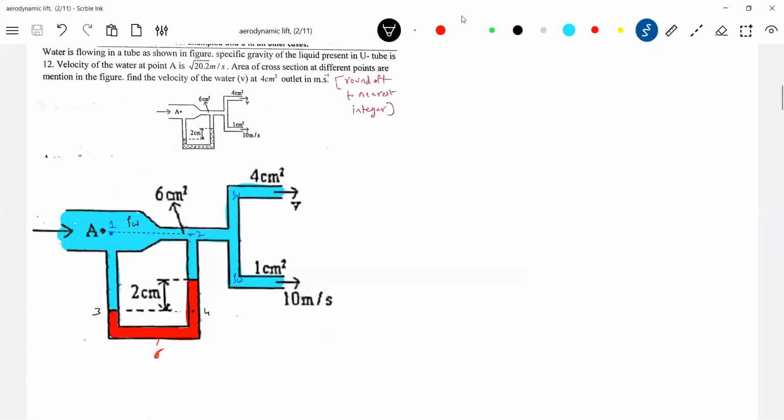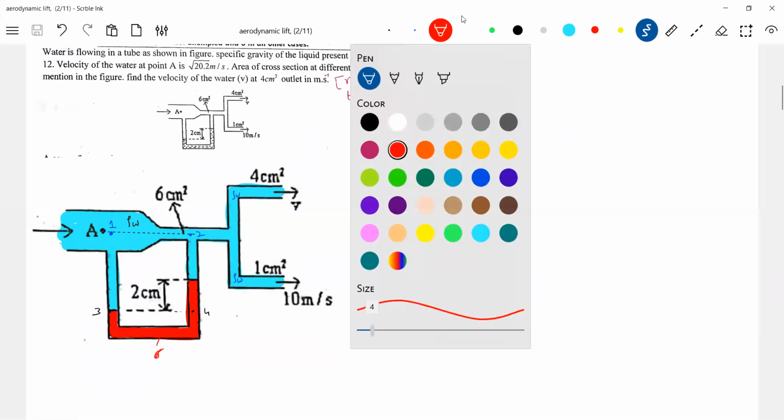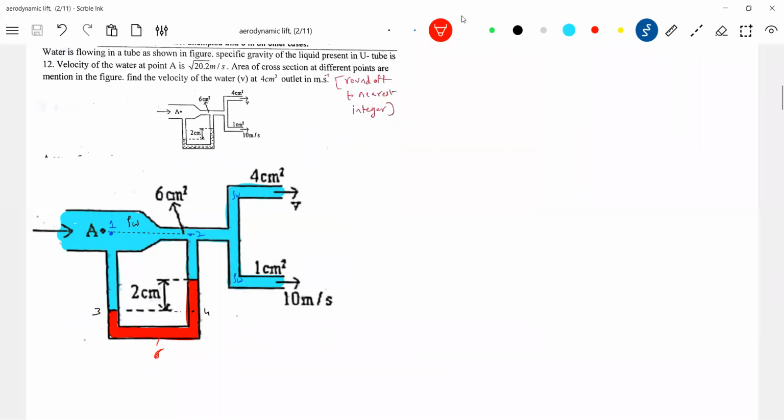Now we have almost all the data in front of us. This distance I'll call h, and this distance I'll call h naught.